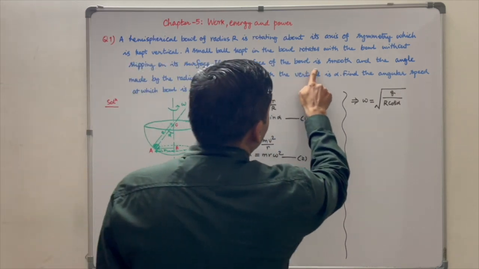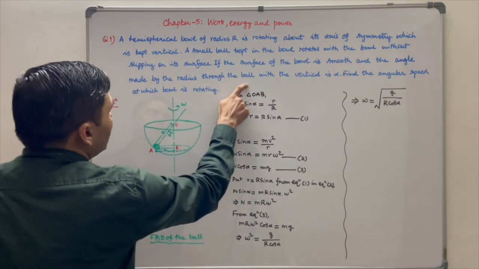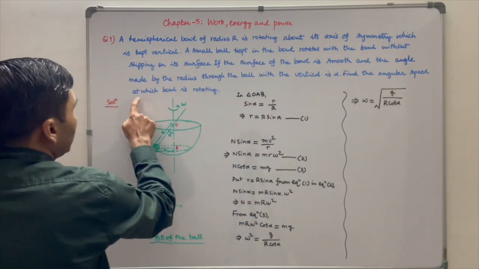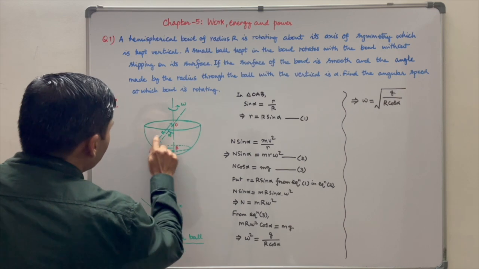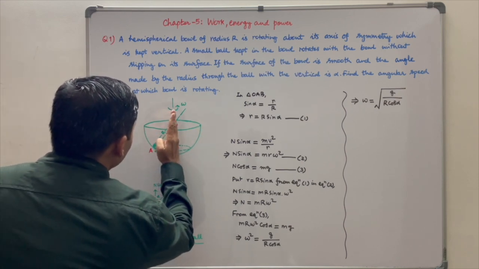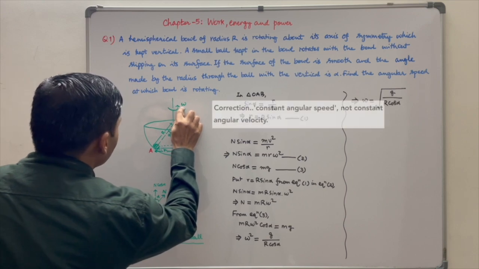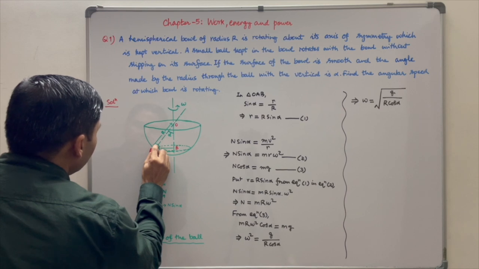If the surface of the bowl is smooth and the angle made by the radius through the ball with the vertical is alpha, find the angular speed at which the bowl is rotating. This is a hemispherical bowl, which is rotating about a vertical axis with constant angular velocity omega. This is a small ball which keeps on rotating along with the bowl.